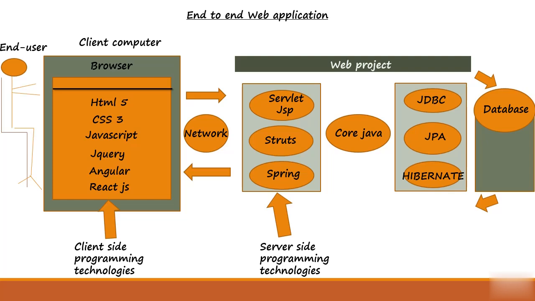After validating the username and password, whatever mails, for example, the client has in his mail ID, all those tables will be forwarded as a response from the database to our web project. From our web project, the response will be forwarded to the browser. Then the end user is able to see that page by using HTML, CSS and JavaScript.